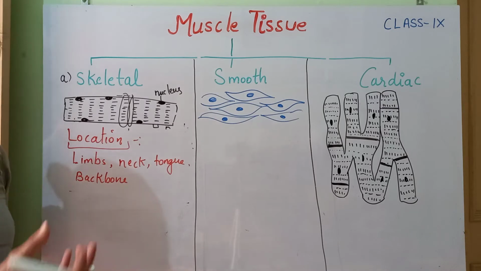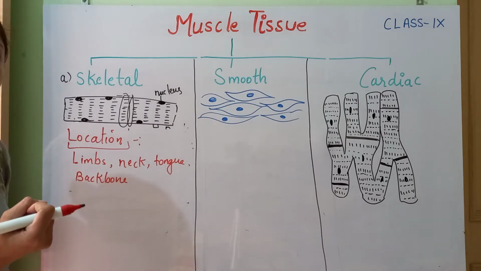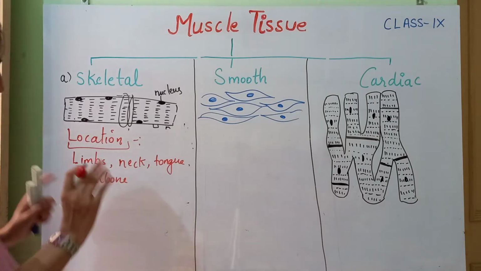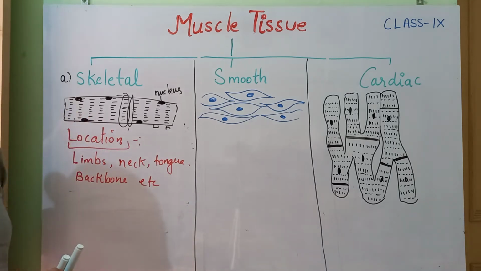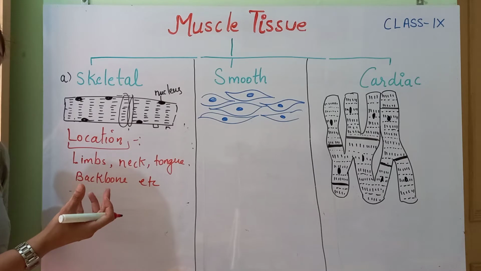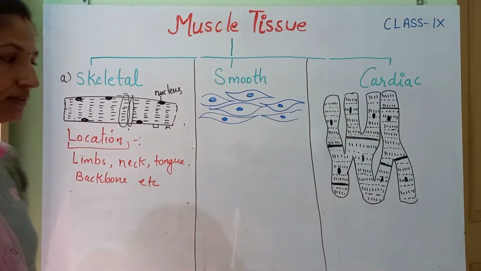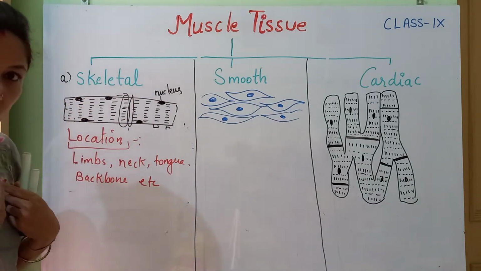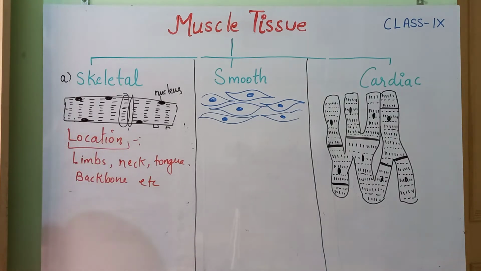All those body organs, all those body structures which are able to move as per your conscious will, they all contain the skeletal muscle. Okay, as they are attached to the skeletal system, we are able to take our body from one place to another with the help of the movement which is visible to us, which we can control. That is voluntary movement. Hope this would be clear.